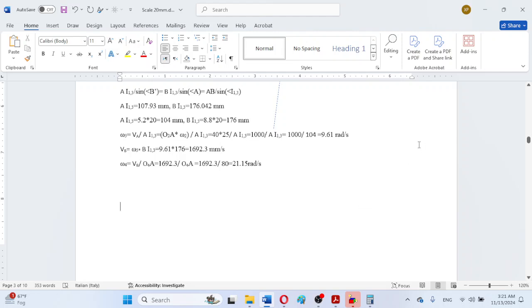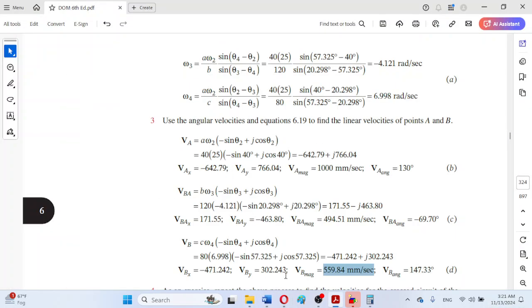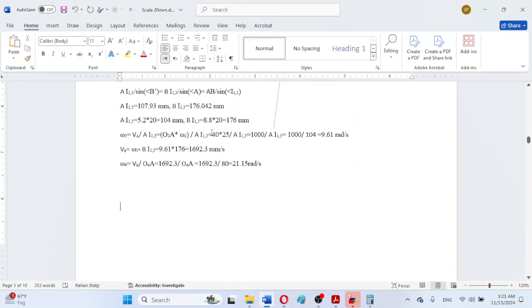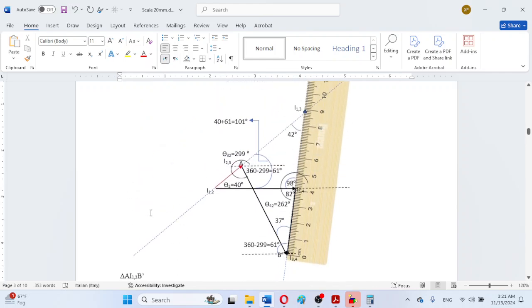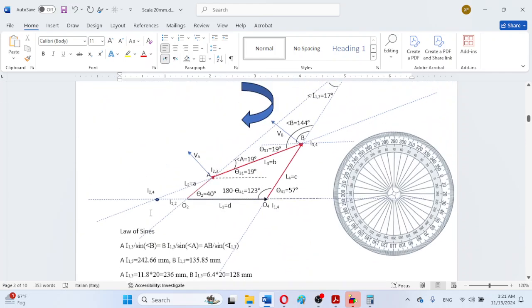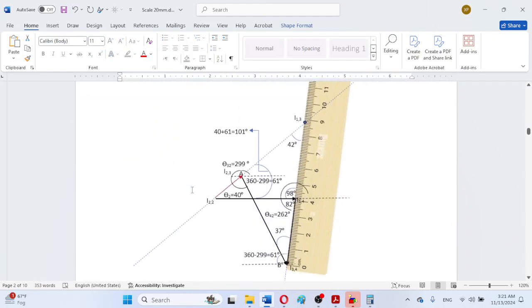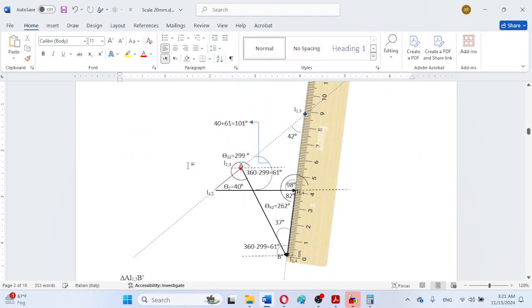So in this way, now we can show the labels of the orientations and magnitudes. Magnitudes have been calculated. Just show the orientations. For example, this was the direction of the velocity vector VA, which was perpendicular at this point.